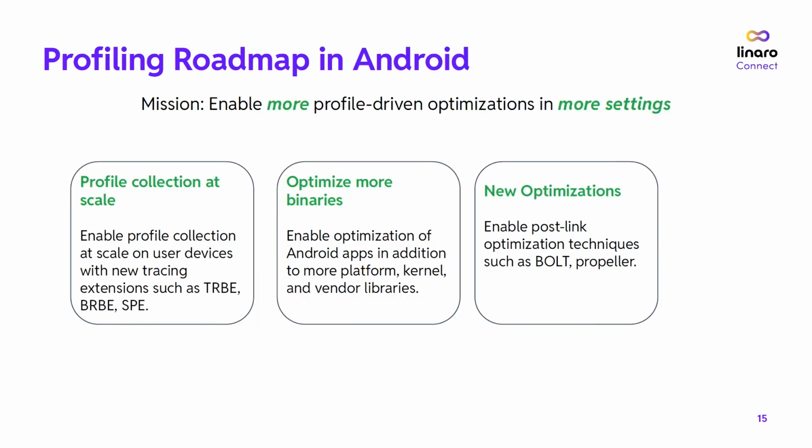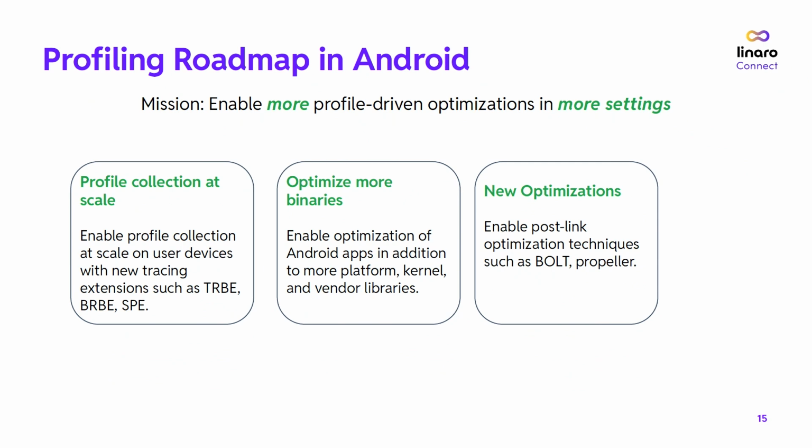So I'd like to wrap up with what our roadmap is for the next few years. We are working on enabling TRBE in Pixel devices, and we would like to work with partners to enable TRBE and BRBE devices as they become available. This will enable us to profile from the fleet, from the billions of Android users, right? And this profile availability will help us optimize Android apps.